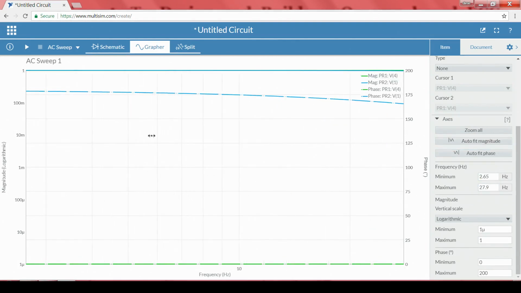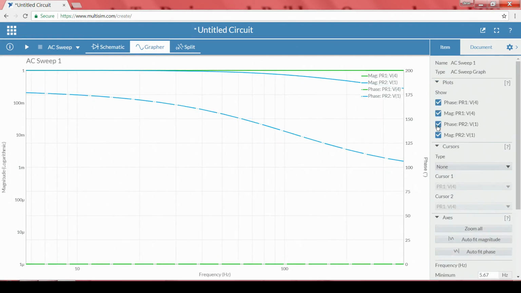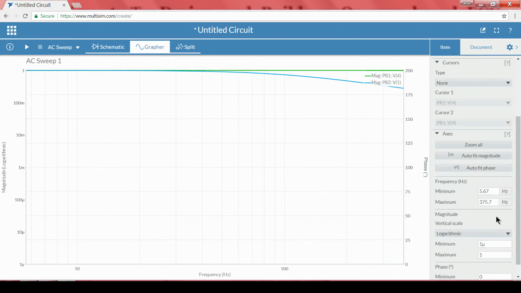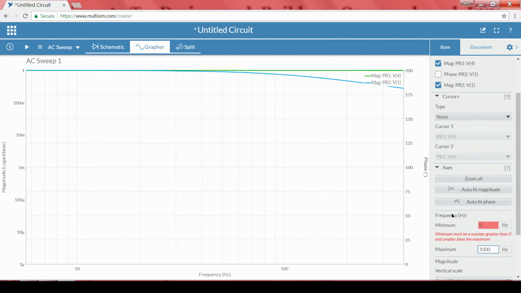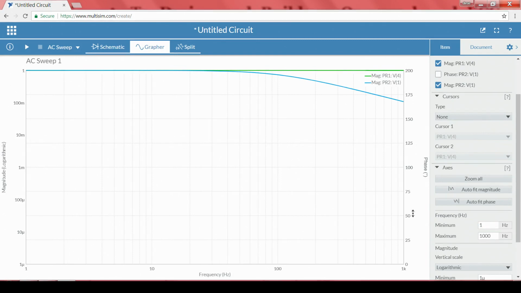Then we may not require the phase values. So, I will remove all the phase values and only put magnitude values, with a minimum of 0 and a maximum somewhere around 1000 hertz, or 1 hertz to 1000 hertz, right.